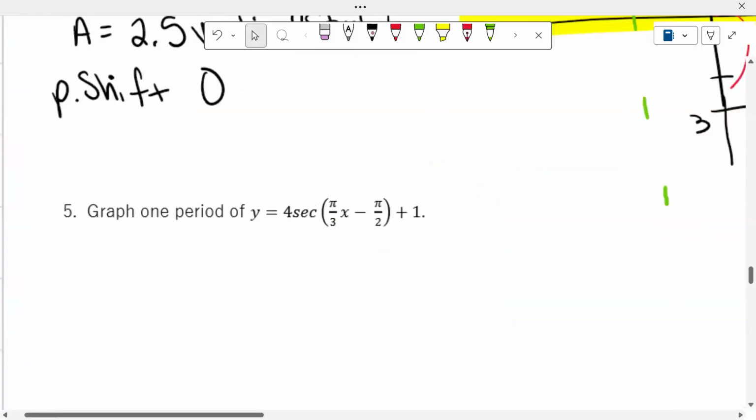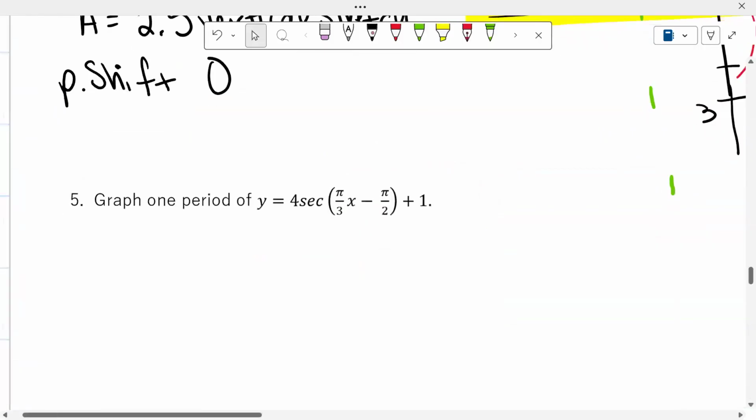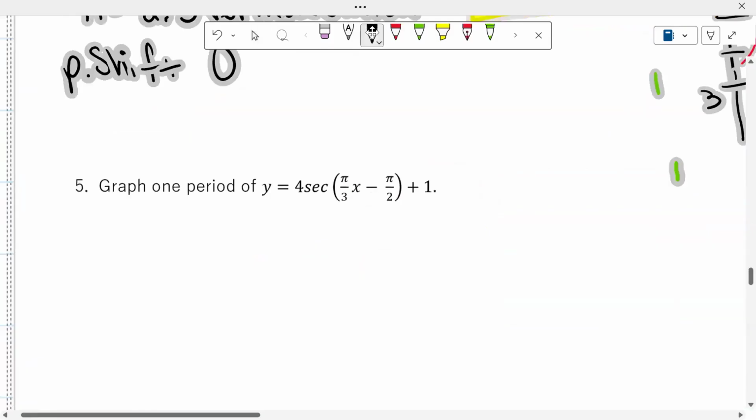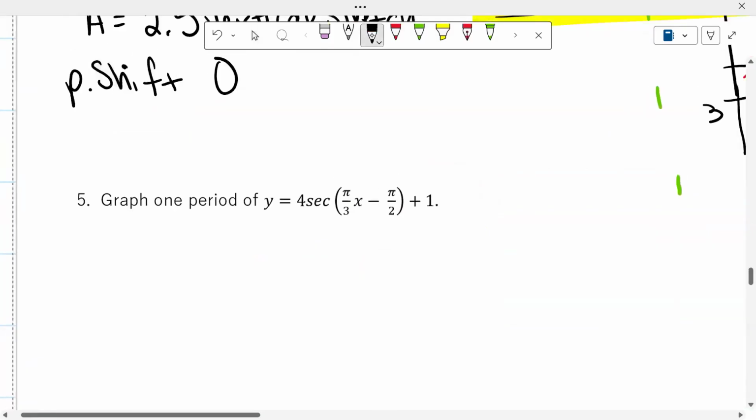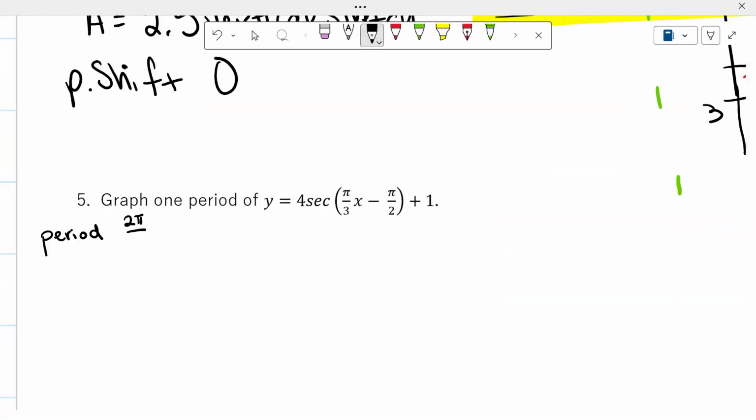Okay, so we know we're looking at U's again. I'm going to start with this inside and talk about period first. Two pi divided by pi over 3. Our period is 6. Now let's talk about whether we're shifting this whole thing to the right or to the left.